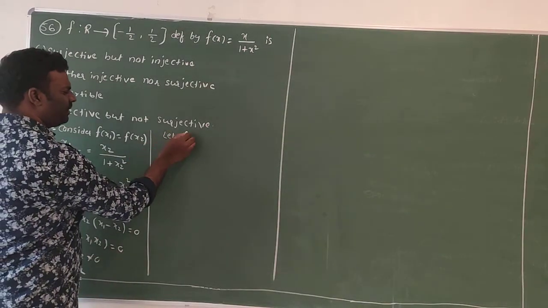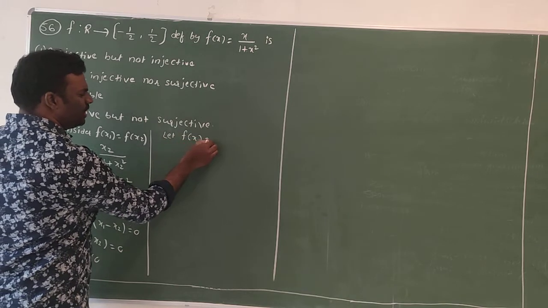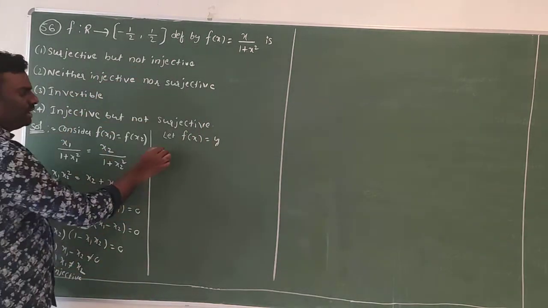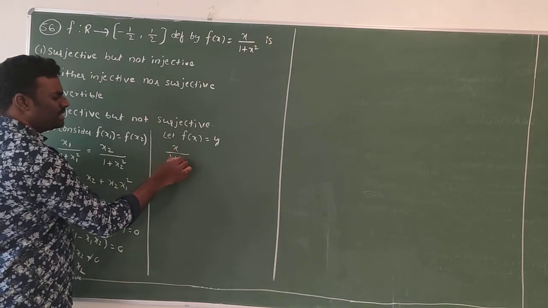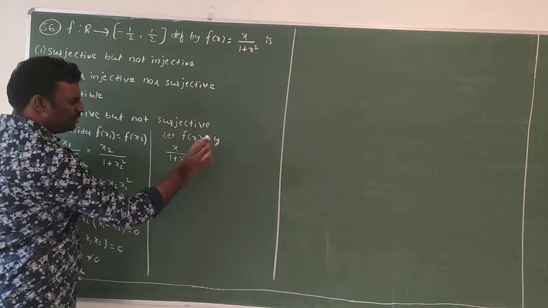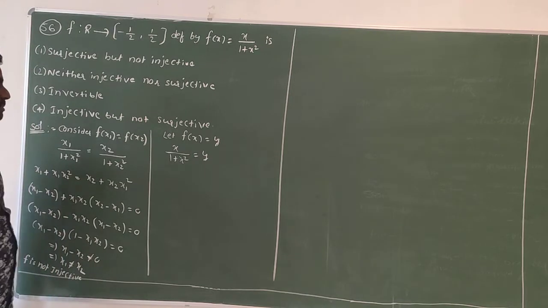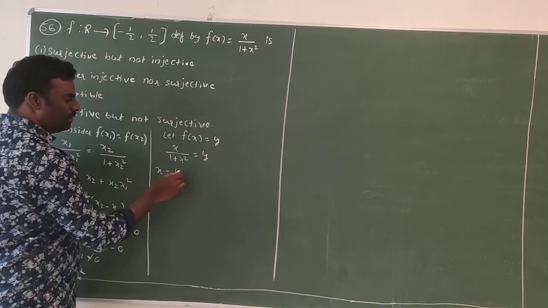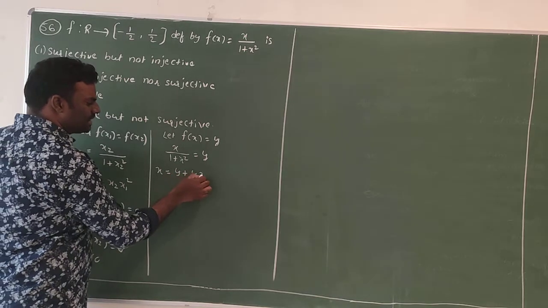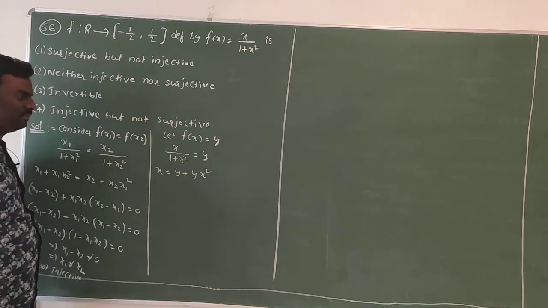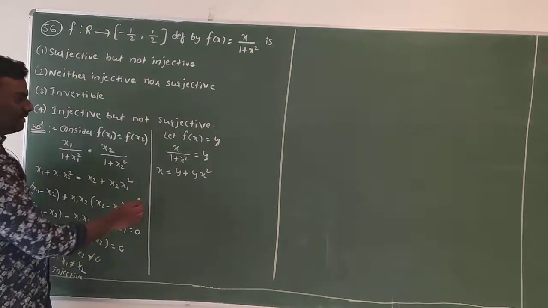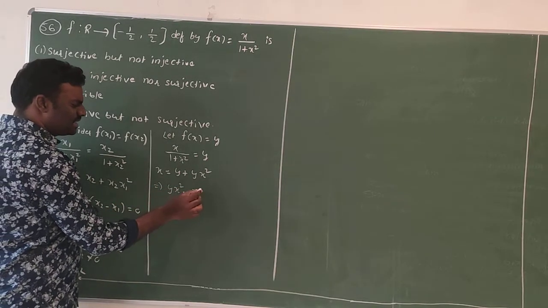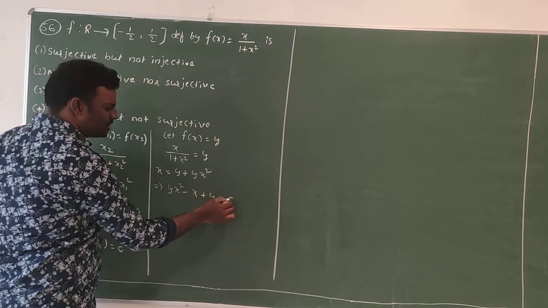Let f(x) be equal to y. What is f(x)? x/(1 + x²) equals y. Cross multiply here: x equals y + yx². Then the equation is yx² − x + y = 0.